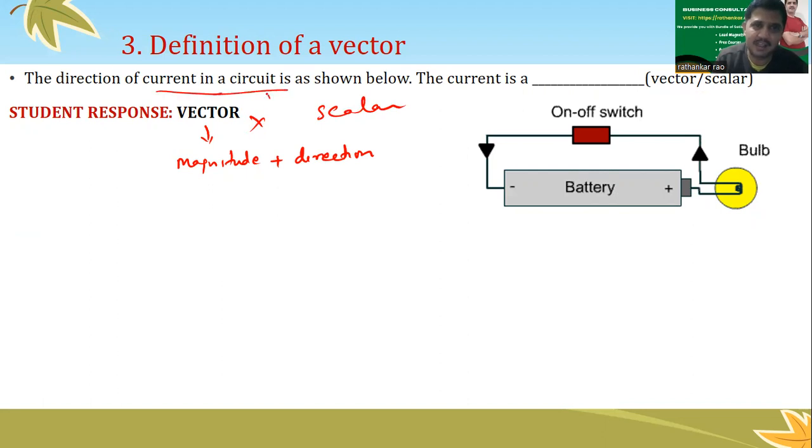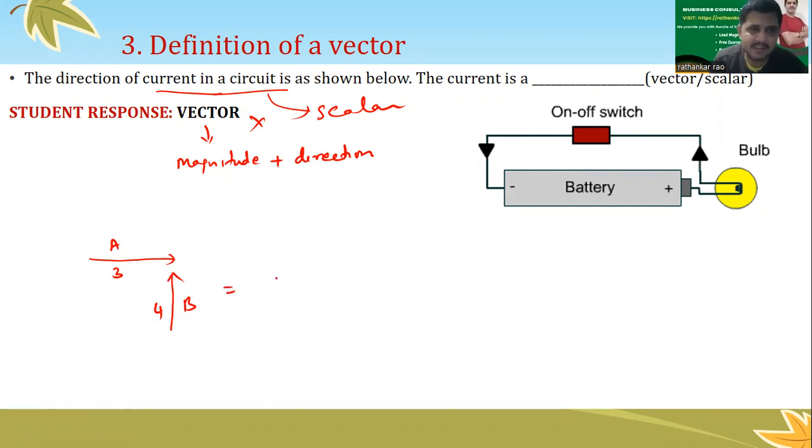Now let us see how current is a scalar. Let us take two vectors. One vector, vector A, has a length of 3 units. The other vector, vector B, is 4 units. If I give you two vectors like this and ask what is the resultant of these vectors, the answer is so simple.